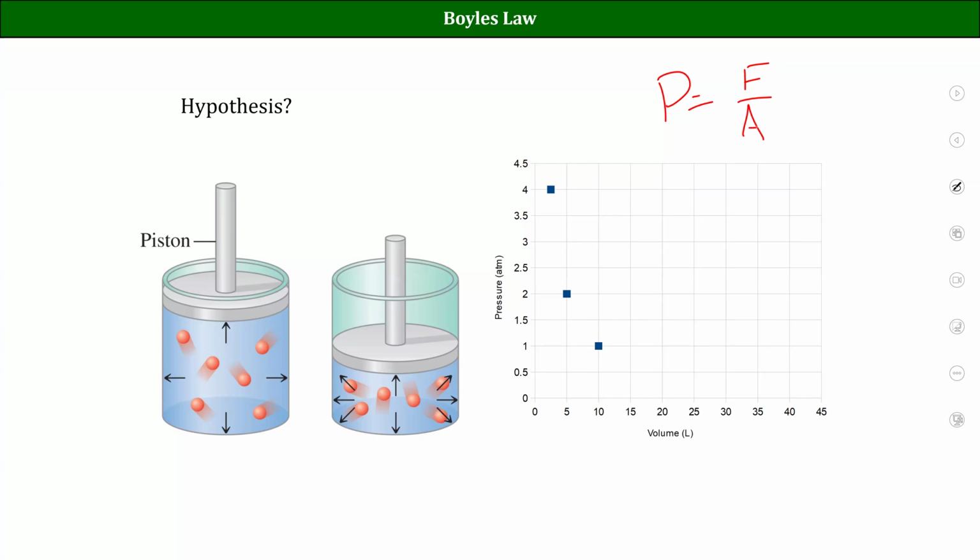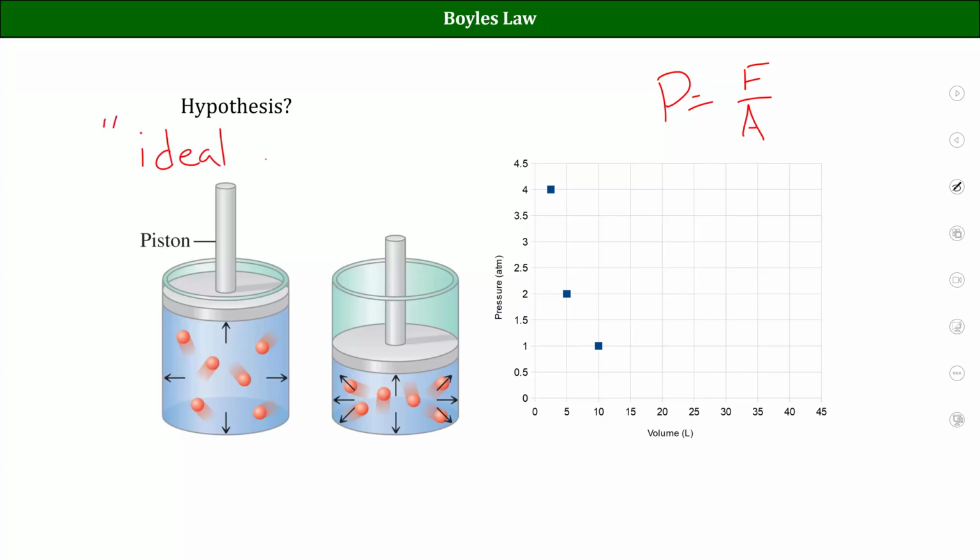Well, phase changes is 1. If we keep pushing this smaller and smaller, then eventually we're going to force it to be a liquid instead of a gas, or a supercritical fluid, where things have enough energy to be a gas but not enough space. But we're going to treat this like what's called an ideal gas.